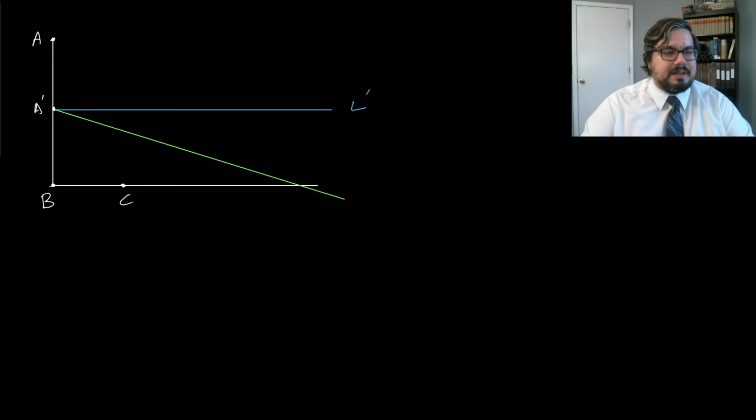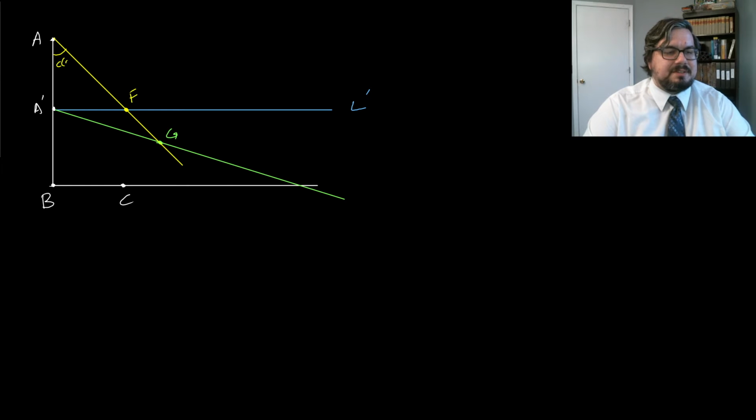So we've got the points A prime, B, C. We had the line L prime. We had the ray AG, where this G came from being on the other side of this ray AF.